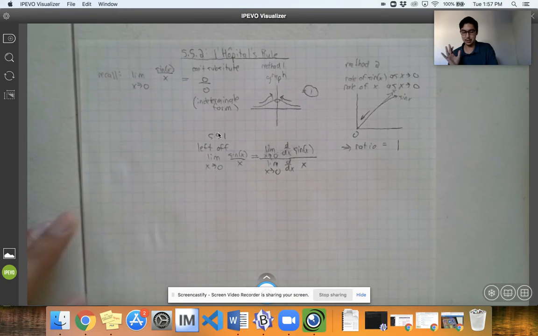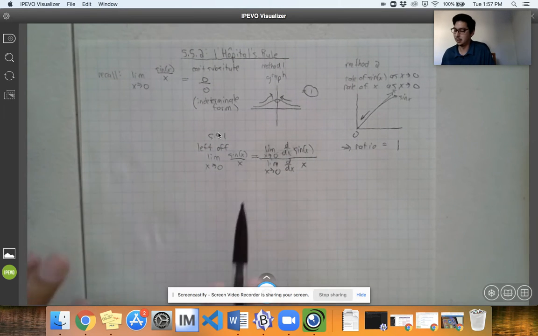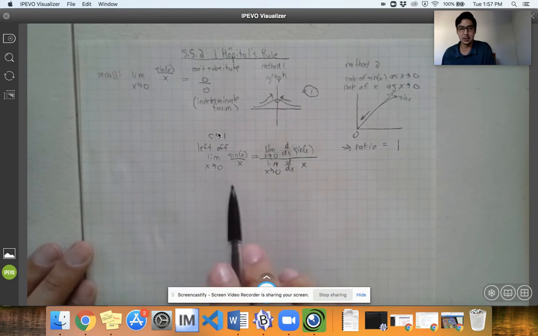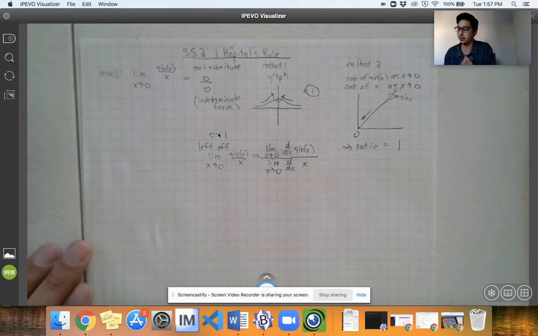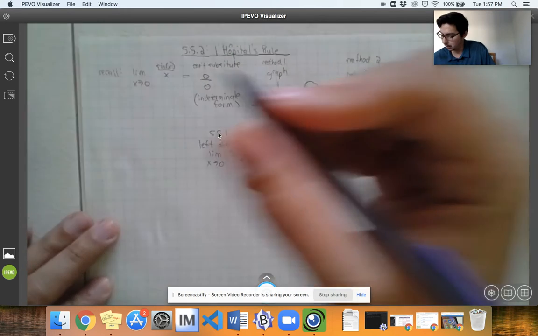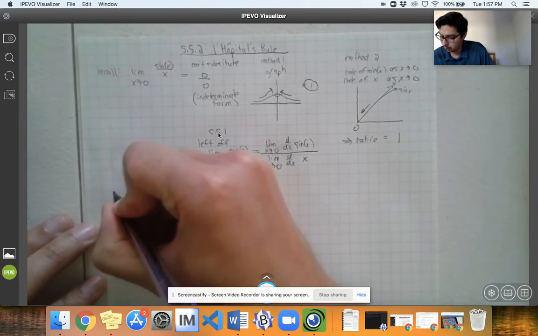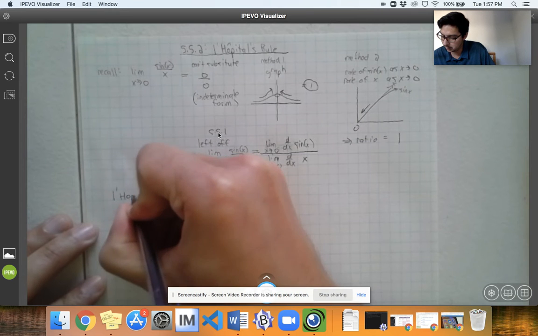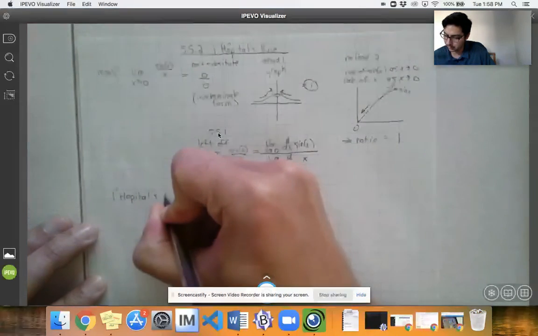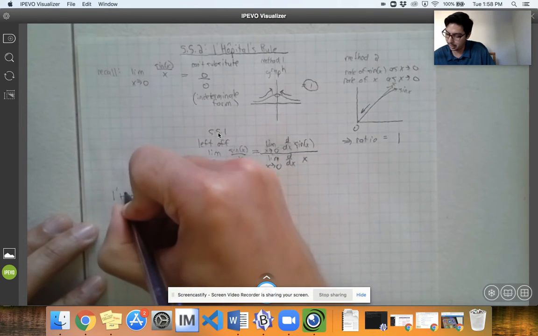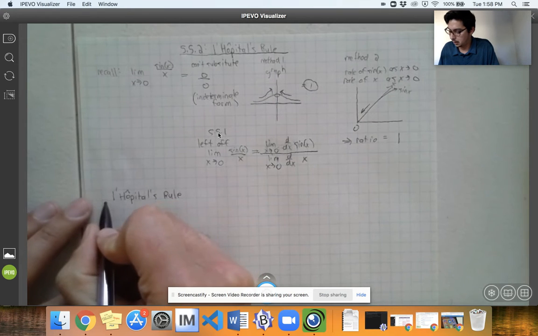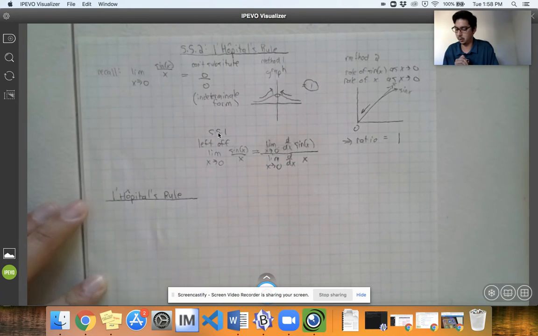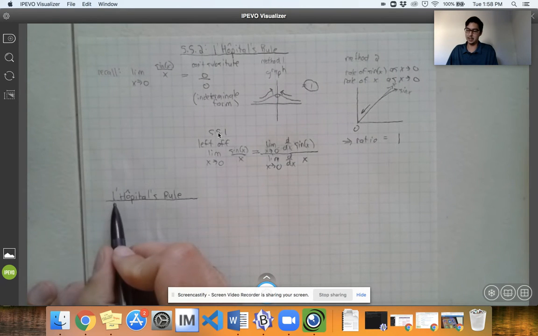This right here is huge, because although we just observed it, it is actually a true thing. And that is what's called L'Hopital's rule, named after the French mathematician. I pay homage to their culture and his name, so it's a lowercase l.